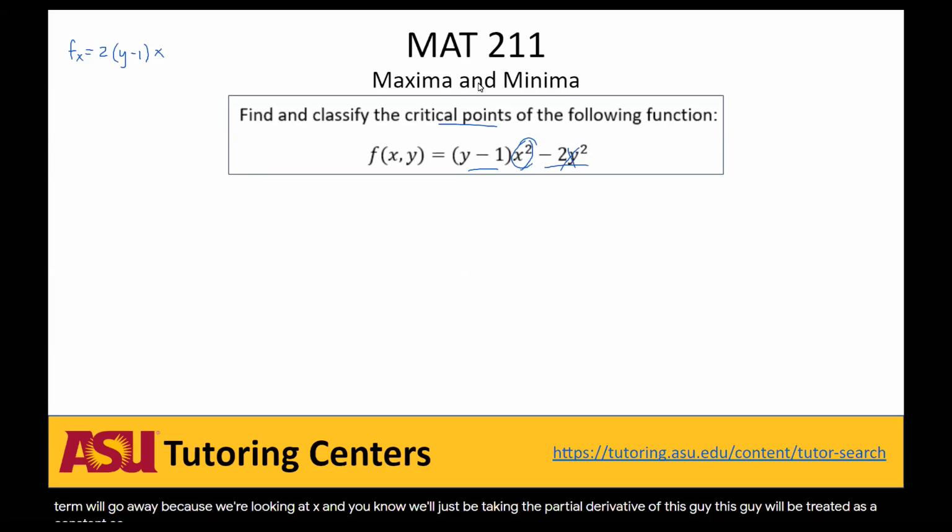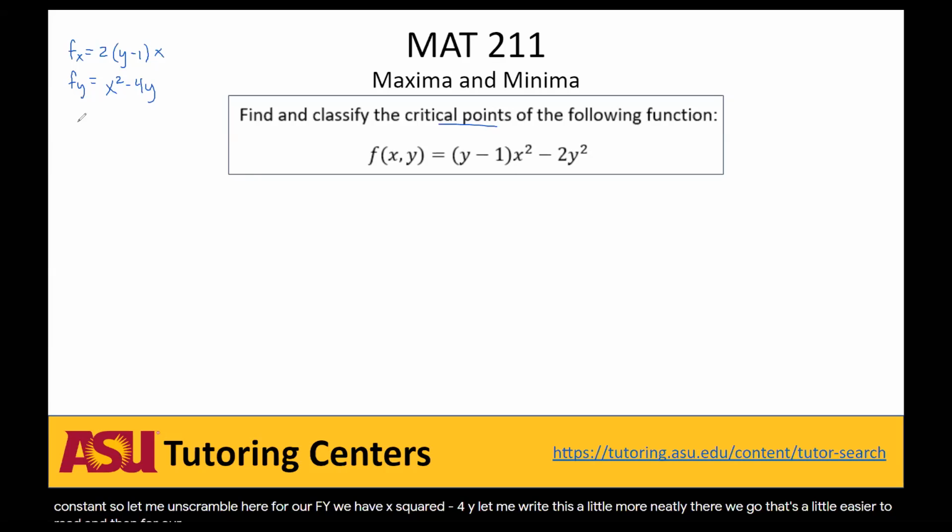For our f of y, we have x squared minus 4y. Let me write this a little more neatly. There we go. That's a little easier to read.